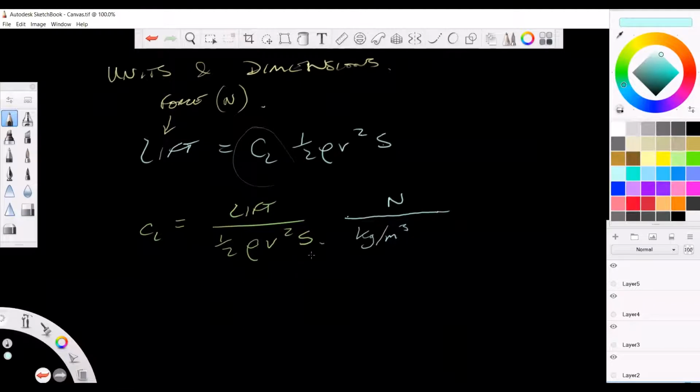And V is speed, so it's meters per second, but it's squared, so we've got meters squared per second squared. And S is meters.